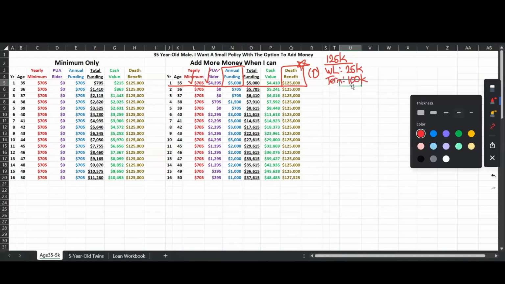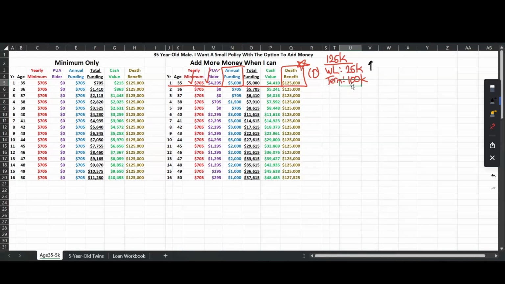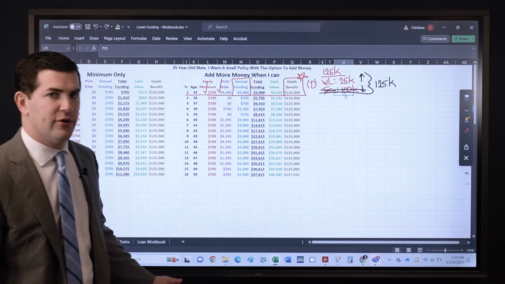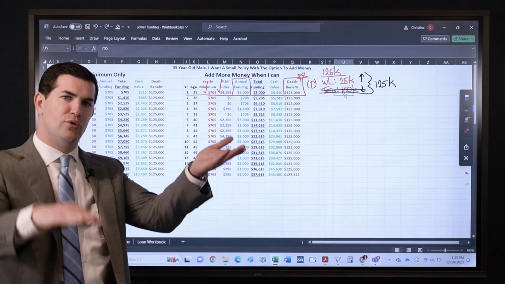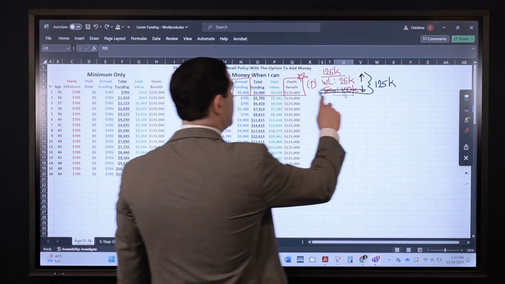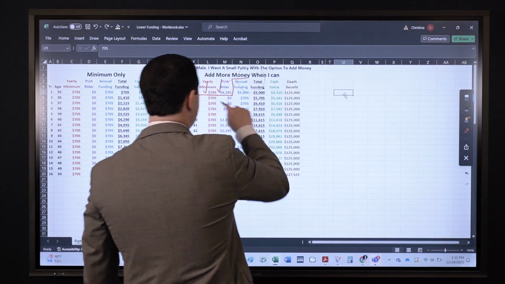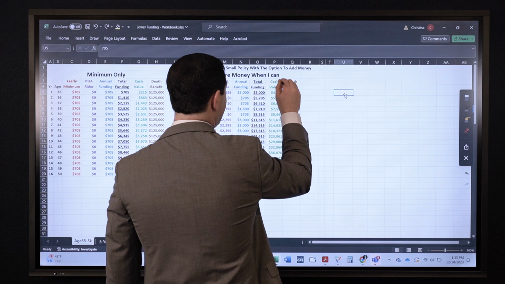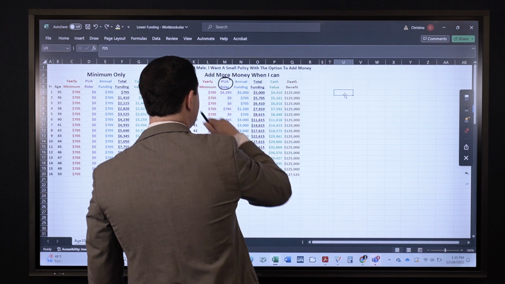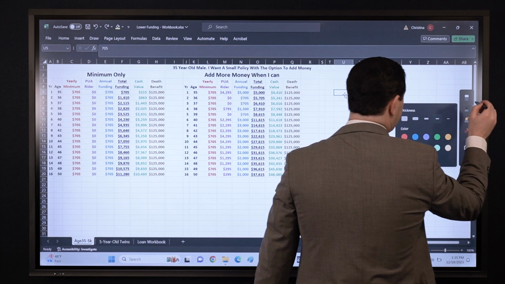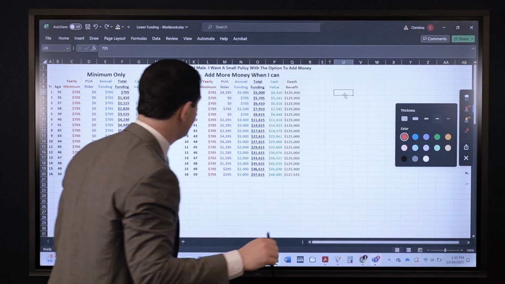And as you add money to the policy, the whole life goes up, the term comes down, but it's always set to keep you at $125K until the term expires altogether. So one goes up, the other goes down, kind of like a seesaw. I say that just to illustrate the fact that your whole life death benefit is increasing when you add money to PUAs. I hope that made sense.